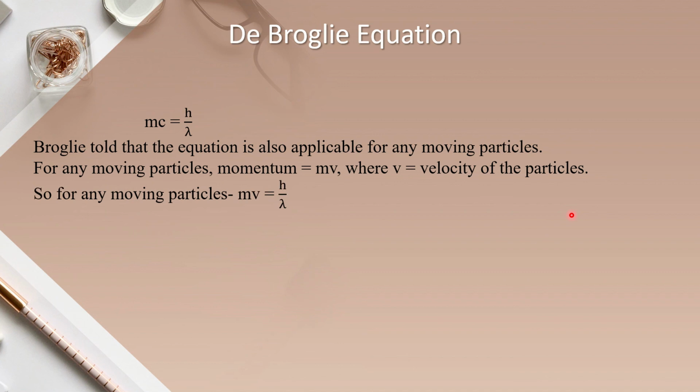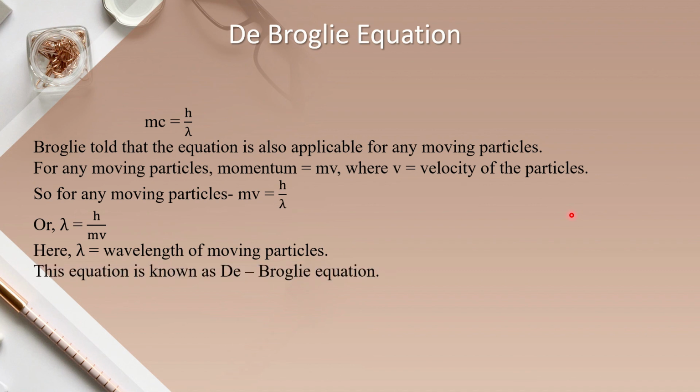So, we can write for any moving particle, mv equals h by lambda, or lambda equals h by mv. Here lambda is the wavelength of the moving particle. This is the equation of de Broglie, lambda equals h by mv.